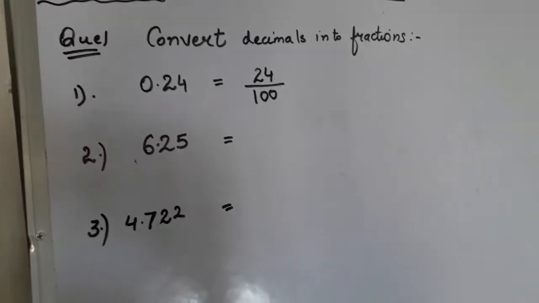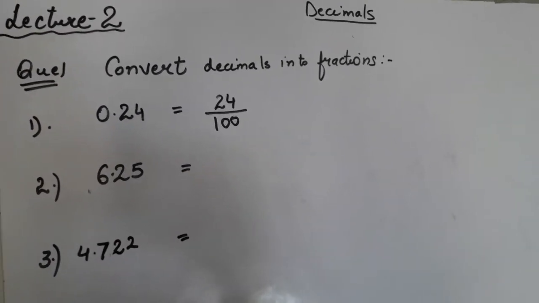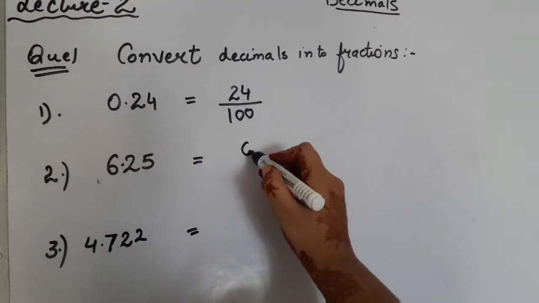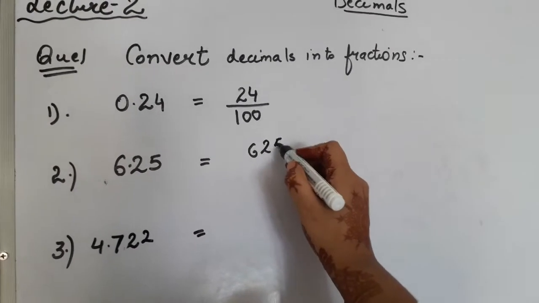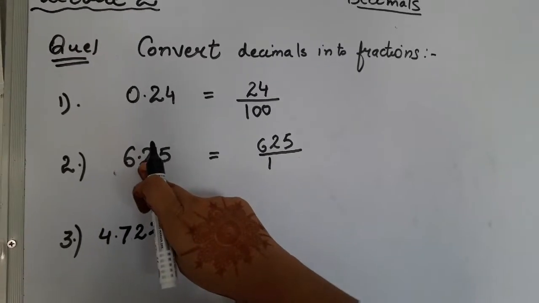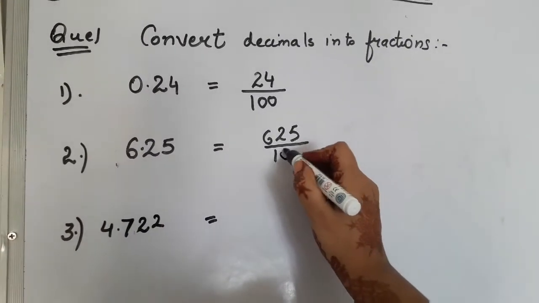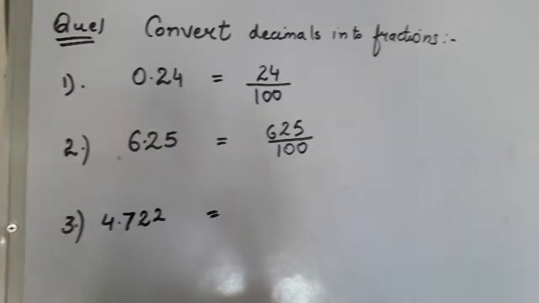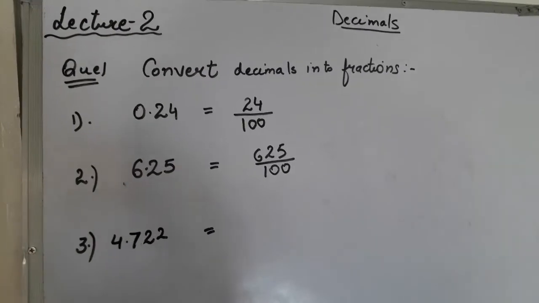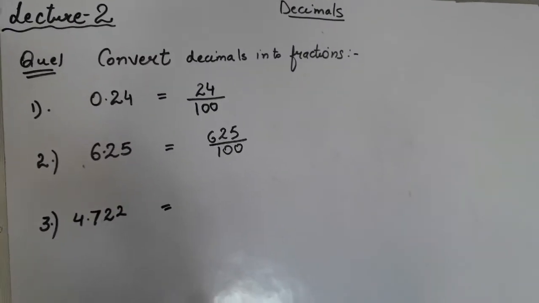Again, for example, if I have 6.25, then I will write 625 as it is, and then I will write 1, and after the decimal again I have two digits, so I will put two zeros with 1, and this is the fraction form of 6.25.